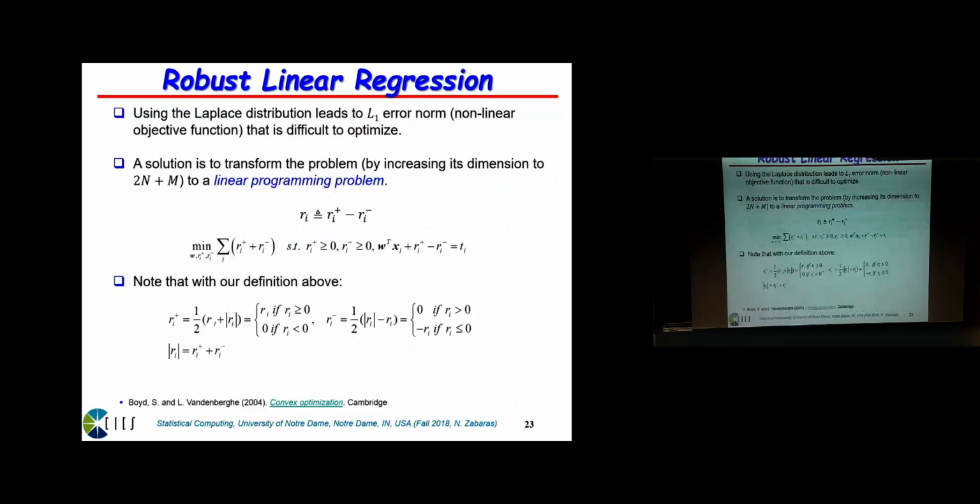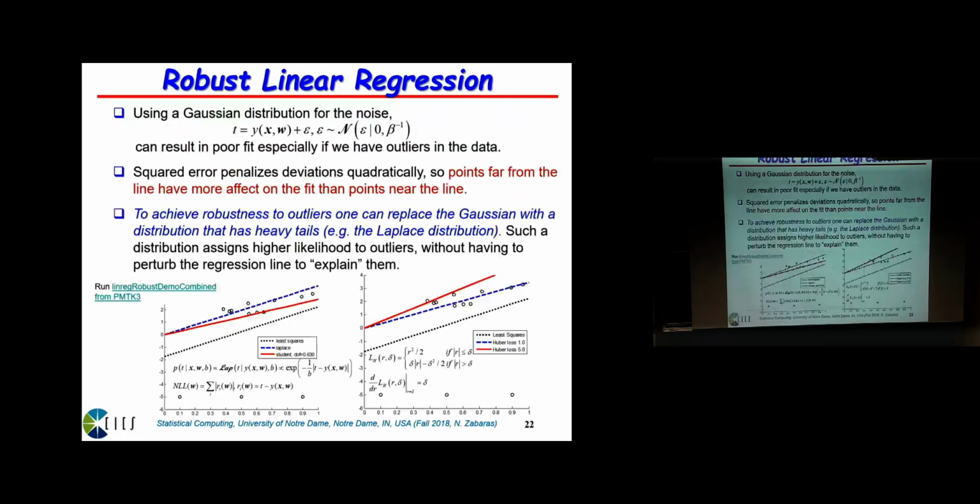Now, there are other modifications. The Laplace distribution, you notice, involves absolute value. So if you try to minimize an absolute value, you cannot do Newton methods, and most of the optimization methods are not going to work properly.